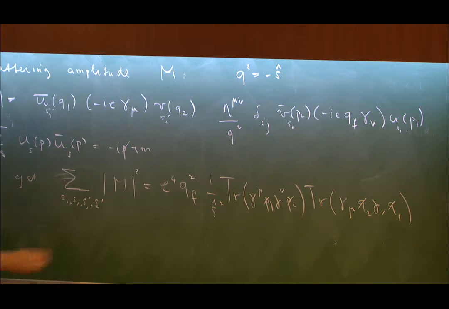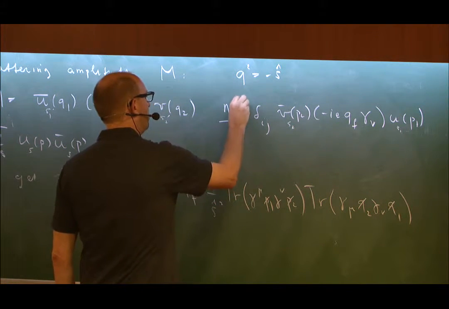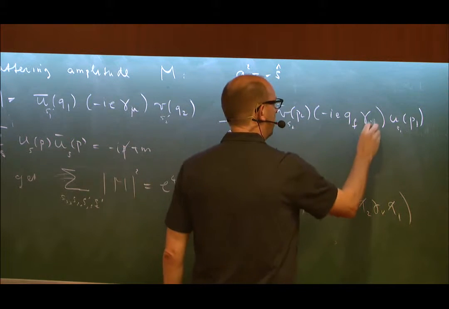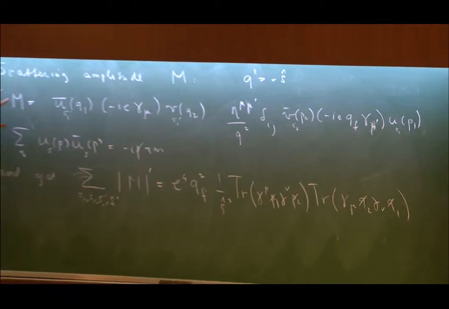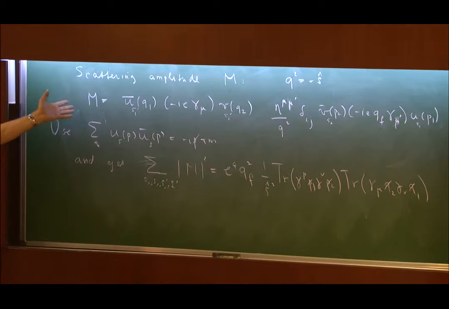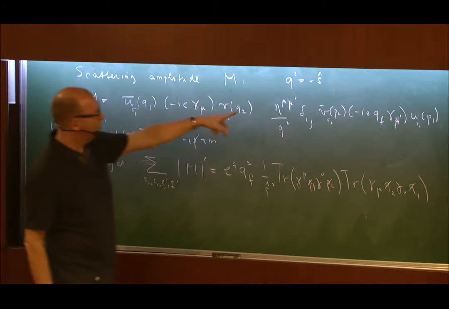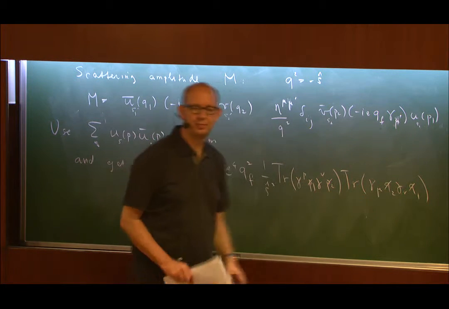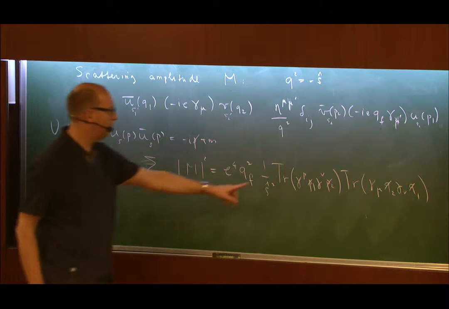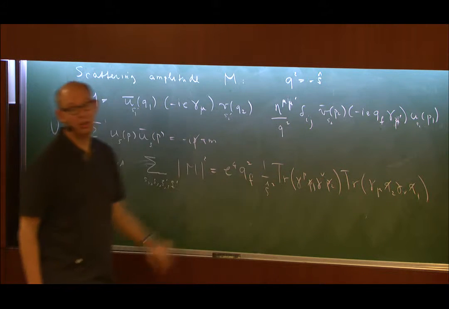I should really have called this mu prime here and this mu prime. It doesn't matter really, but if I take M times M star, then in M star I would use nu prime, and this is what mu and nu then are. The mu is from the M and the nu from the M star.